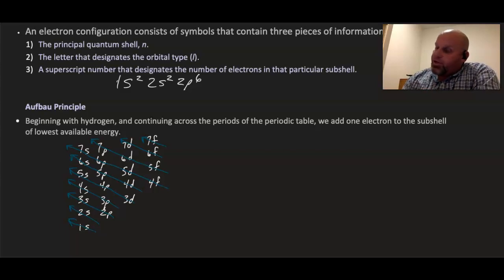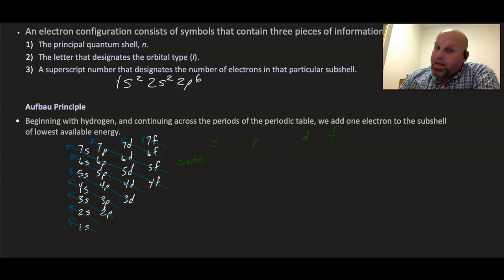So we have the order in which the electrons fill. The other piece of information here is how many electrons each subshell can hold. Again, we have 4 different types of subshells: S, P, D, and F. They each have 1 or more orbitals.